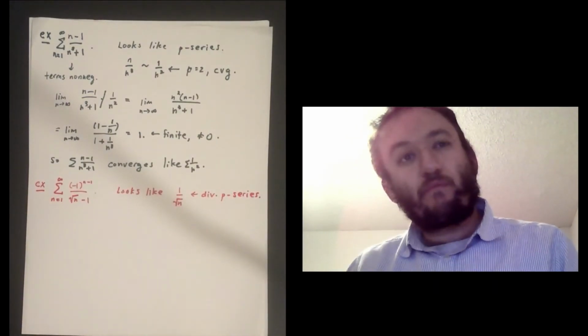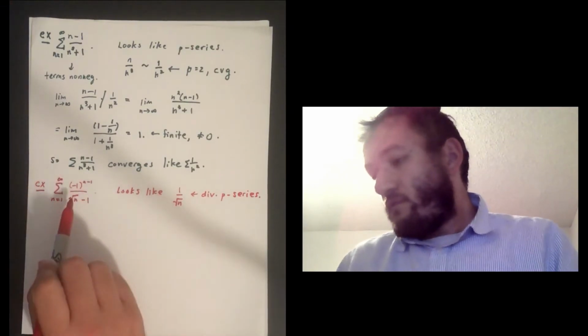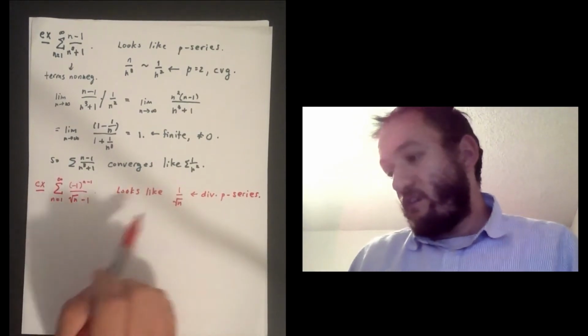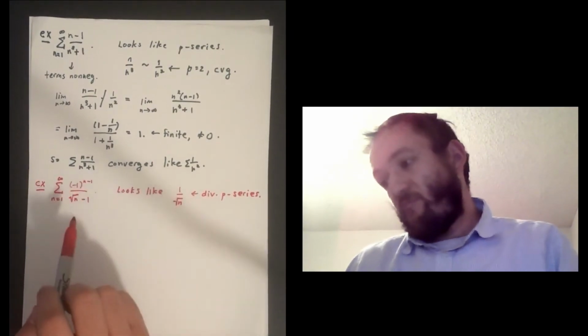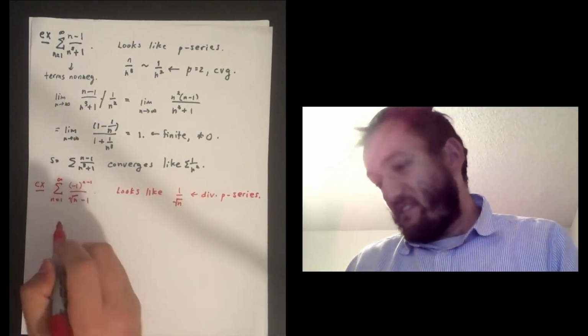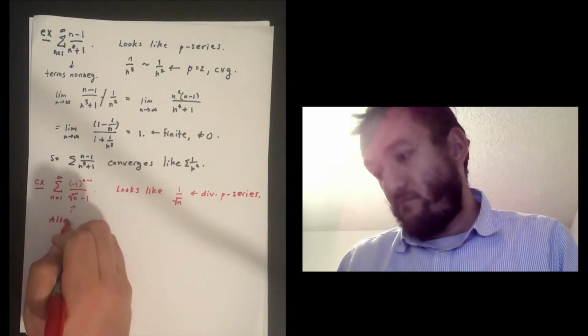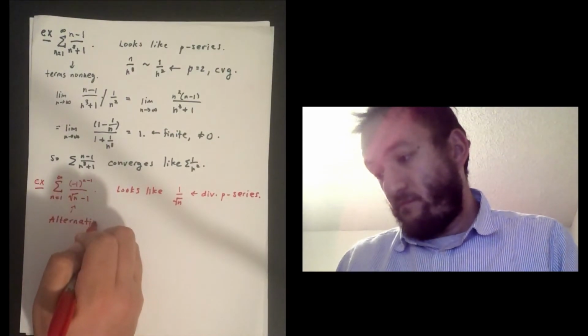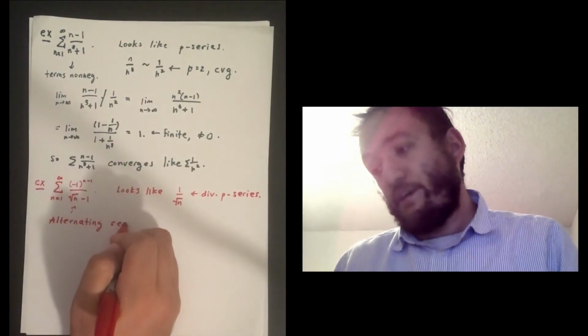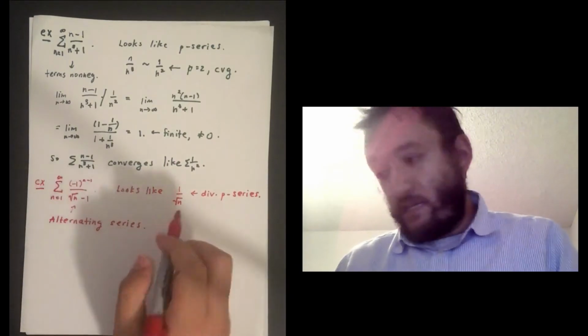So this doesn't have much hope of converging if we're comparing it to that, but we also notice that this is an alternating series. So we can apply the alternating series test.